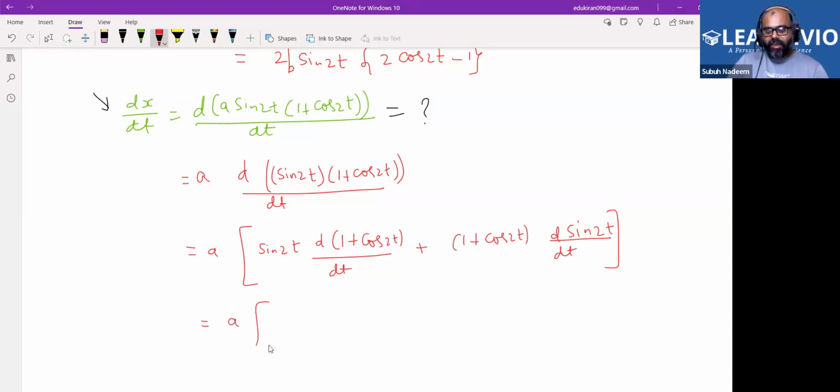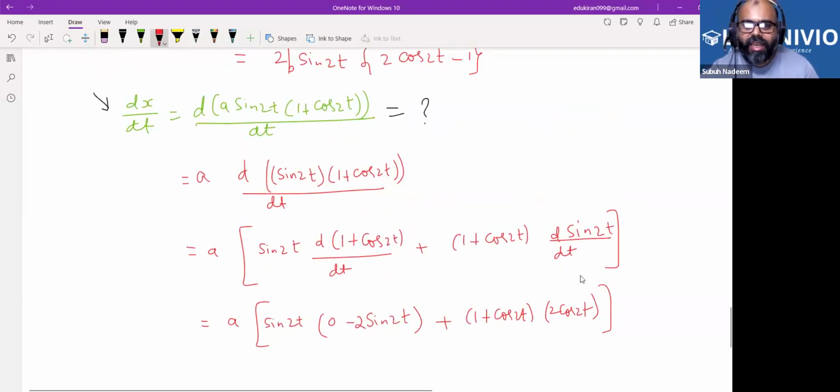So it is a sine 2t, and differentiation of 1 is 0 and differentiation of cos 2t is minus sine 2t into 2, chain rule, plus 1 plus cos 2t, and differentiation of sine 2t is cos 2t into 2, again chain rule.